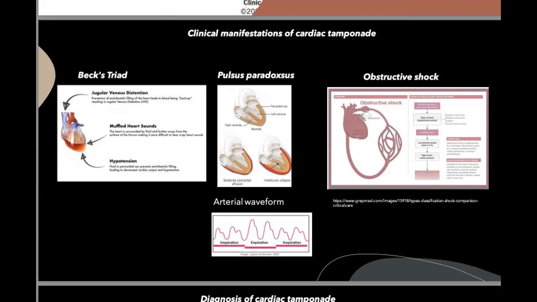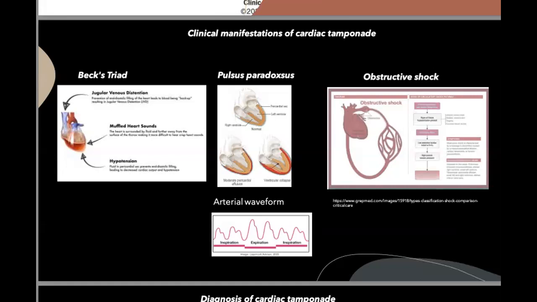And obstructive shock is another manifestation, and that is just as straightforward as it can be. We have pericardial tamponade, we have obstruction. So if we're going to think about it like this, we have arterial hypotension, and the patient is presenting with tachycardia, and then the signs of tissue hypoperfusion are present, and then we have circulatory shock, which means that we have low estimated cardiac output or stroke volume, and we have high central venous pressure, and that will lead to obstructive circulatory shock.